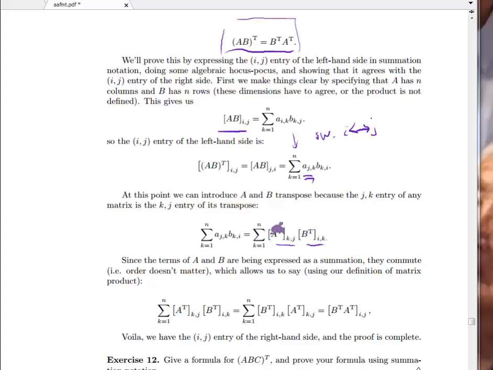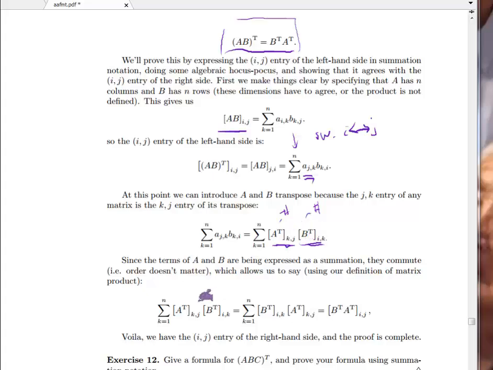Now, we'd like to think of this as a matrix product, but it doesn't match up. However, if we reverse the order, so here's where the reverse order comes in. If we multiply these two terms in the other direction, that's okay because this is a number and this is a number. These things are not matrices, these are individual components of the matrix. So I can multiply it this way or I can multiply it the other way.